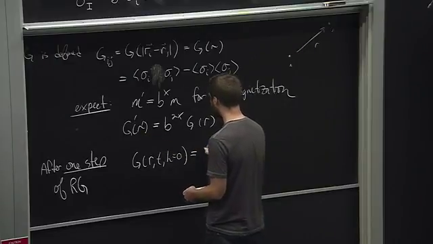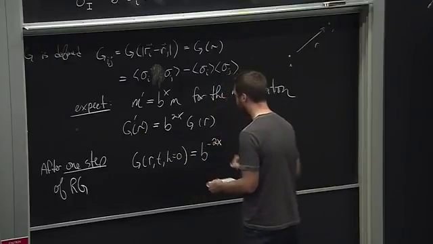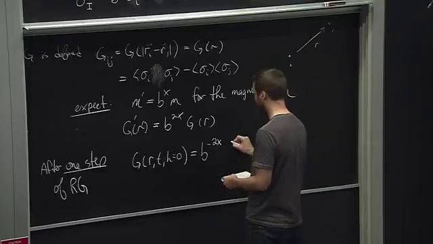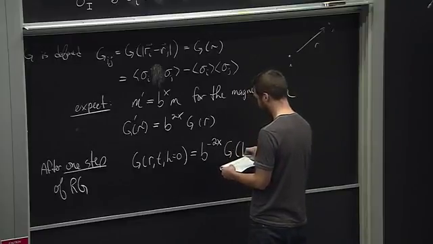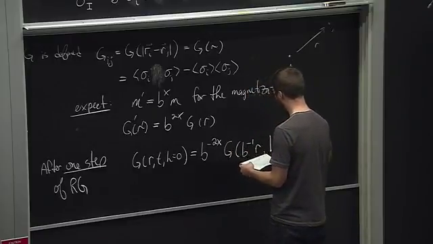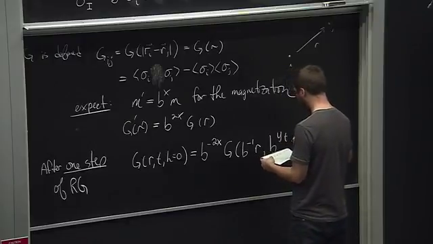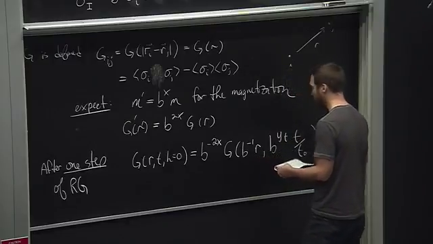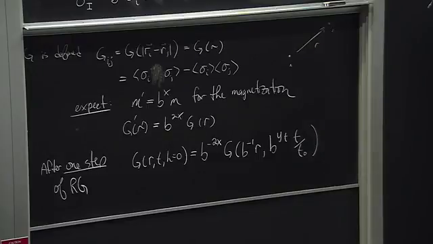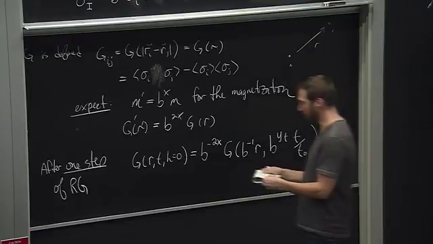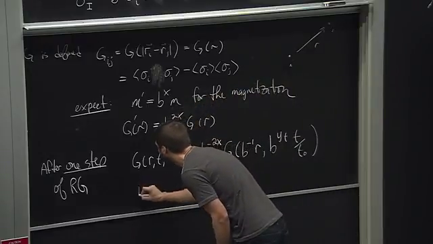I'm inverting this, so it's b to the minus 2x, and this is my G prime. And I could do the same thing for m.